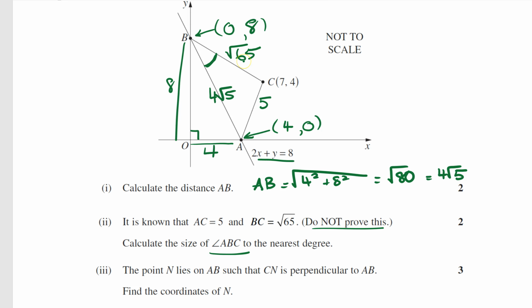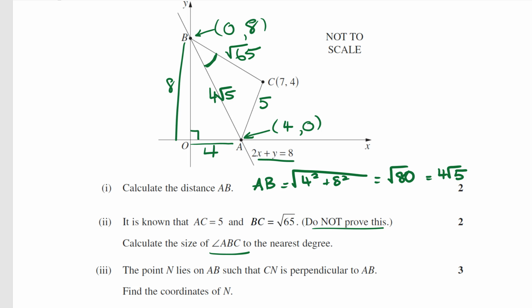We're not going to do it now because that's the next topic, I think, trigonometry, but we could just use the cosine rule to find that angle there. Not too bad either.